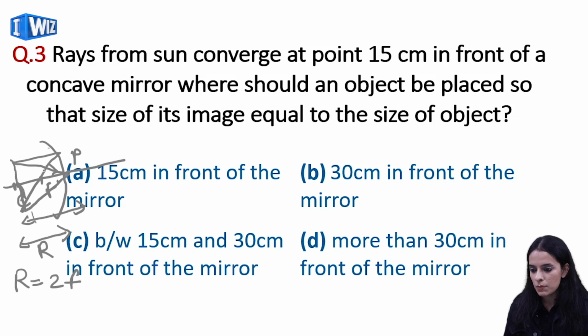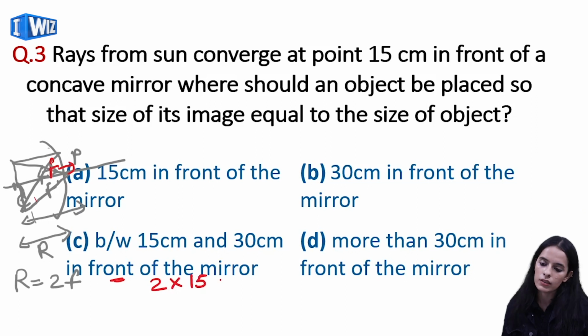The distance between pole and focus is what? F, the focal length, and the center of curvature is twice the focal length. So here 15 centimeter means it is the focal length. F is what? F is 15. So R will become 2 into 15, that is equal to 30 centimeter.